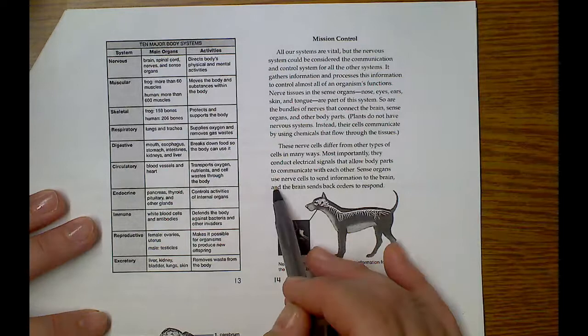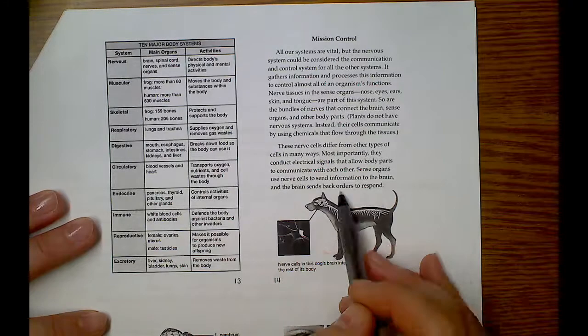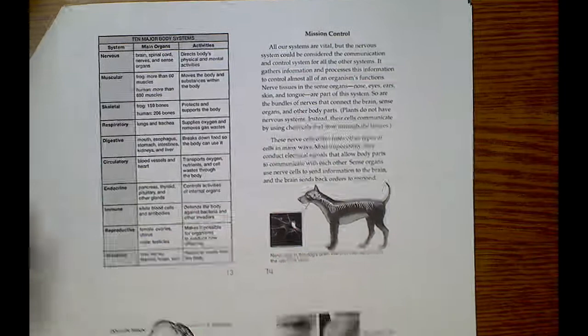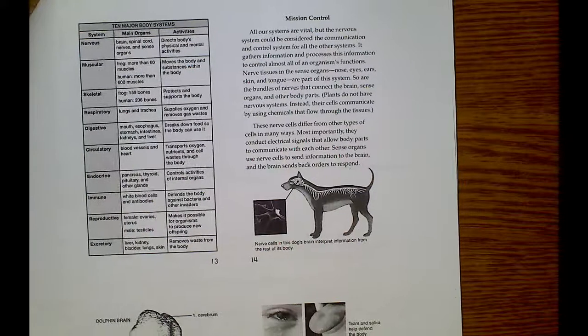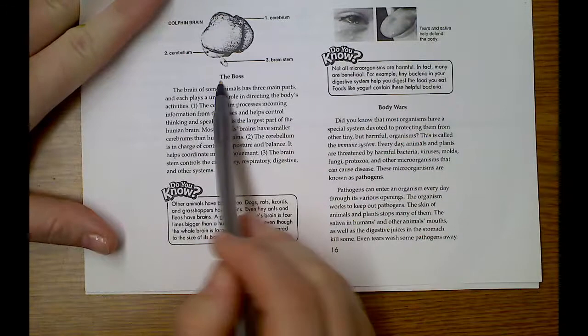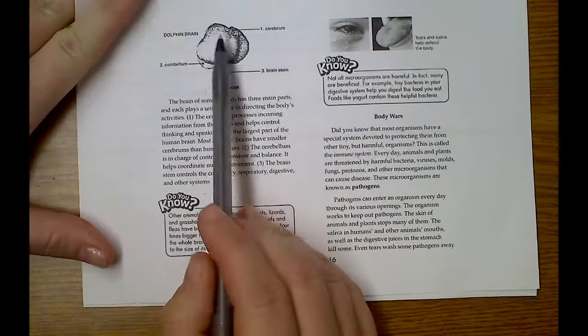Organs use nerve cells to send information to the brain, and the brain sends back orders to respond. The boss. Go figure. That's a dolphin brain.